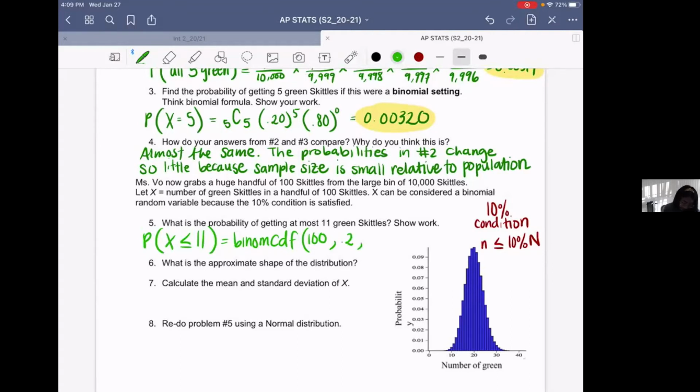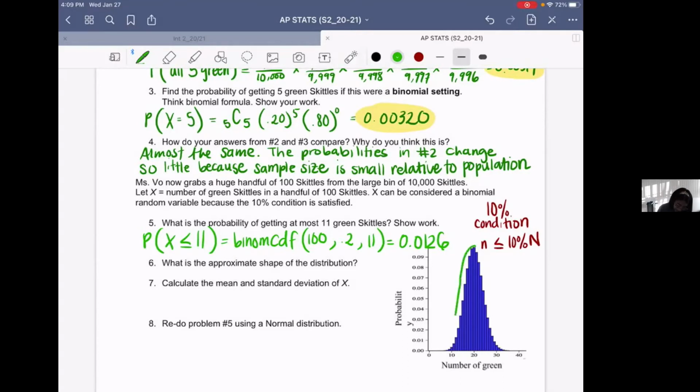And then now we're looking for at most 11. So that is going to show me everything that is less than 11. And then you guys are going to calculate that. The value here is going to be 0.0126.